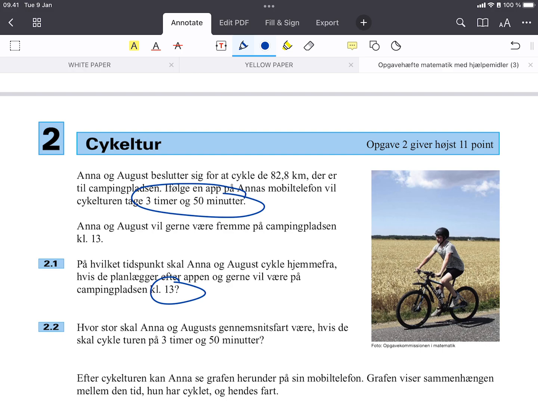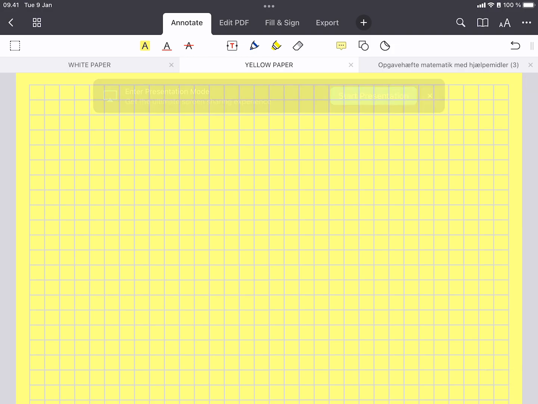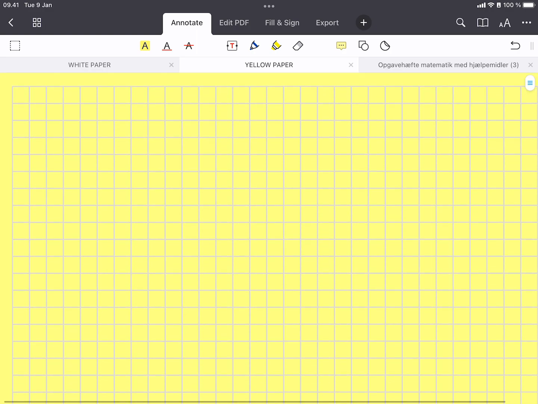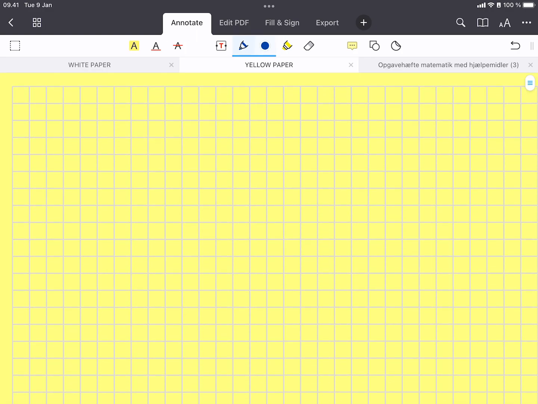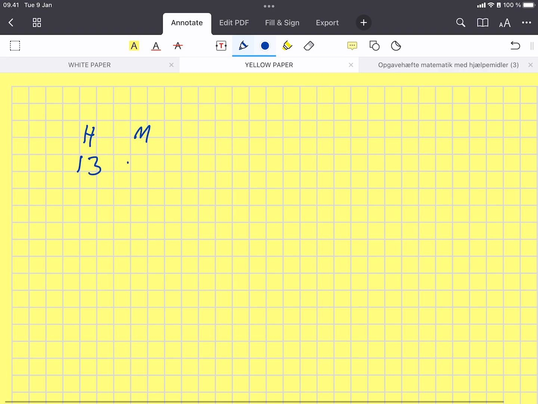So on my yellow paper, I'm just going to go, so the hours, minutes, so you've got the time they want to be there, 1300 minus the 350 it takes.